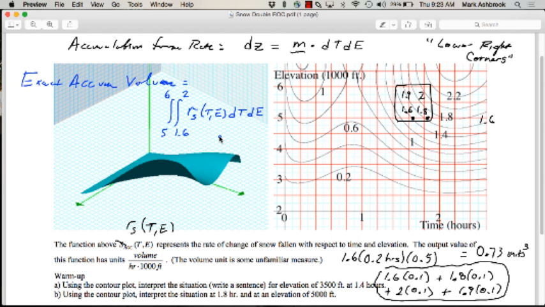You would do the same thing with any variable E that you would do with a constant. Then you evaluate that antiderivative from 1.6 to 2, plugging in the t values, and you're going to have a single integral with respect to E. All the t's will be gone, and you'll do the antiderivative and evaluate from 5 to 6. And you get a number, hopefully something close to 0.73.